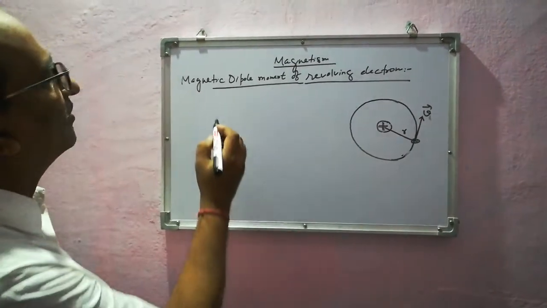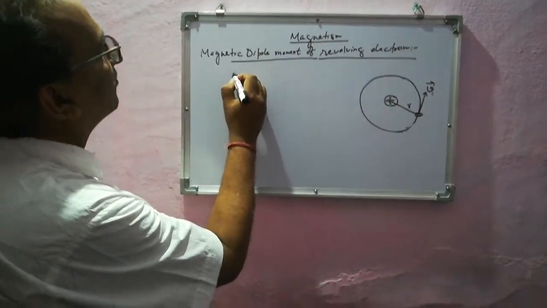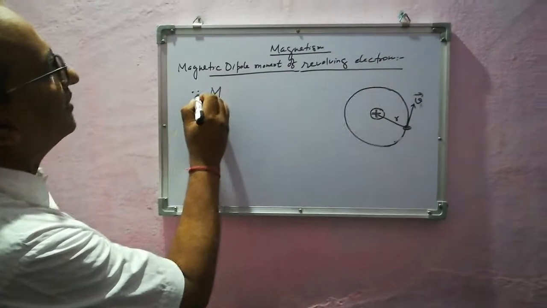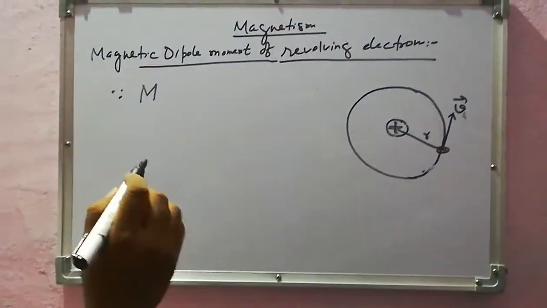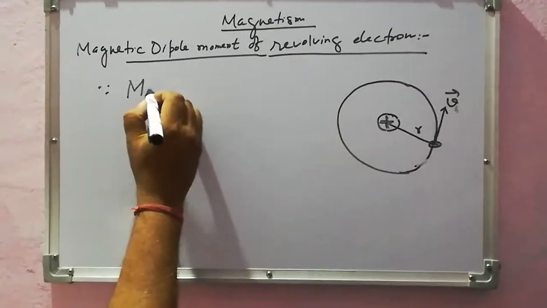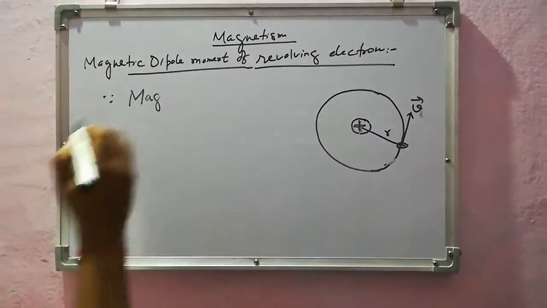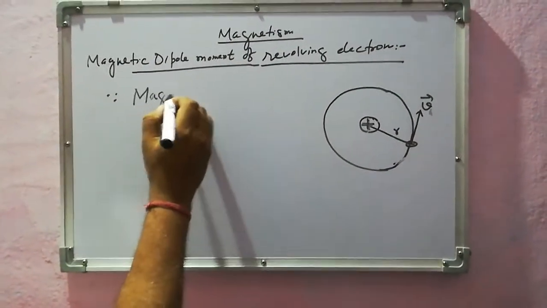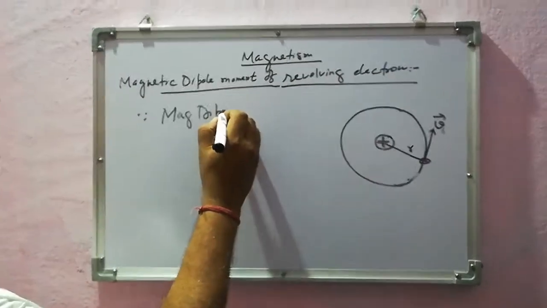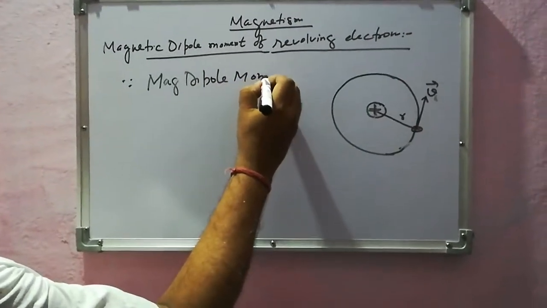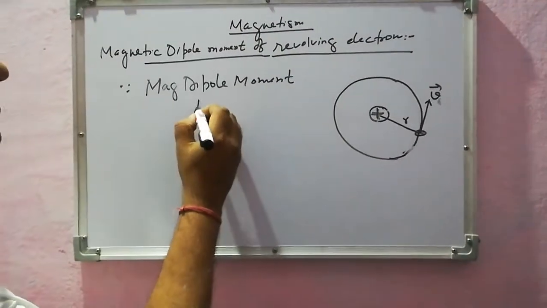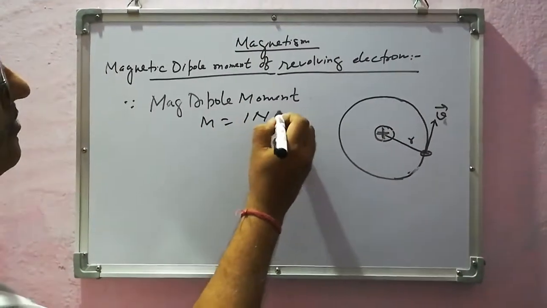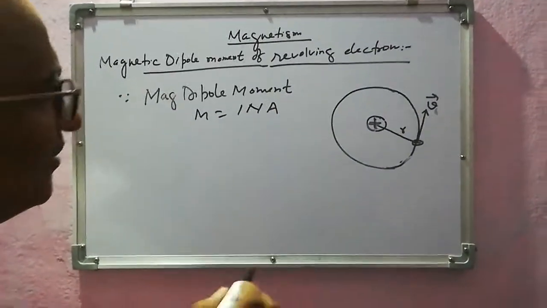Now, as you know, the expression for the magnetic dipole moment, not electric dipole moment but magnetic dipole moment, is given by m = INA.